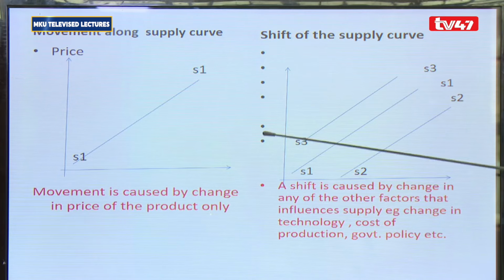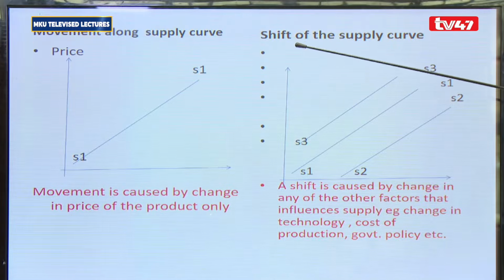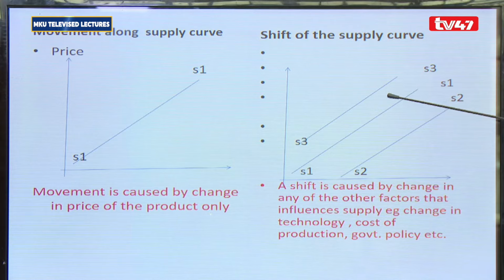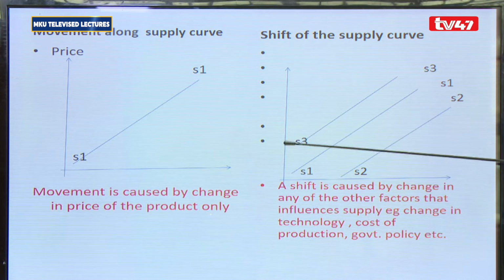Now, when all those other factors, for example, the cost of production and the state of technology, change, they will cause what we are calling a shift of the entire supply curve from S1 to S2 or to S3. For example, if the state of technology improves, at every price more will be supplied.